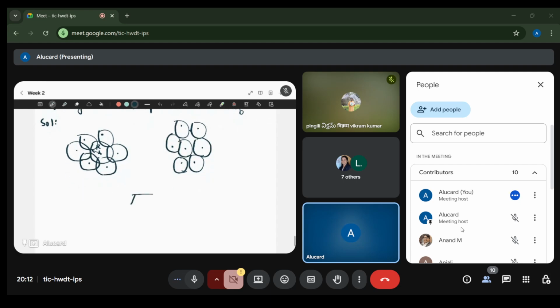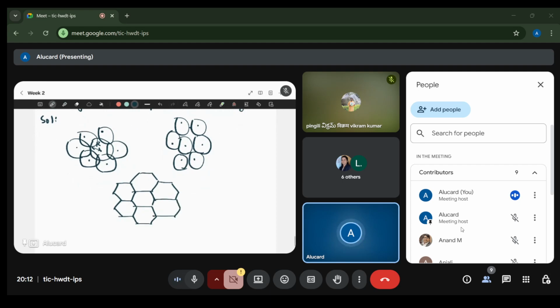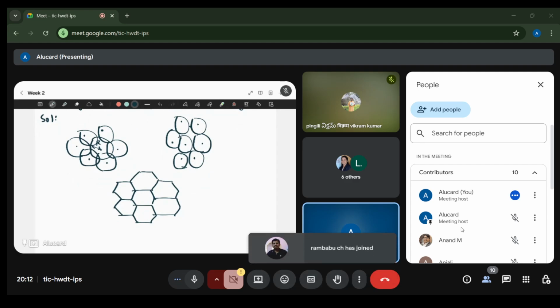And what if we use a hexagonal cell? Just by looking at the diagrams, you should be able to tell what's the difference between hexagonal cells and circular cells.